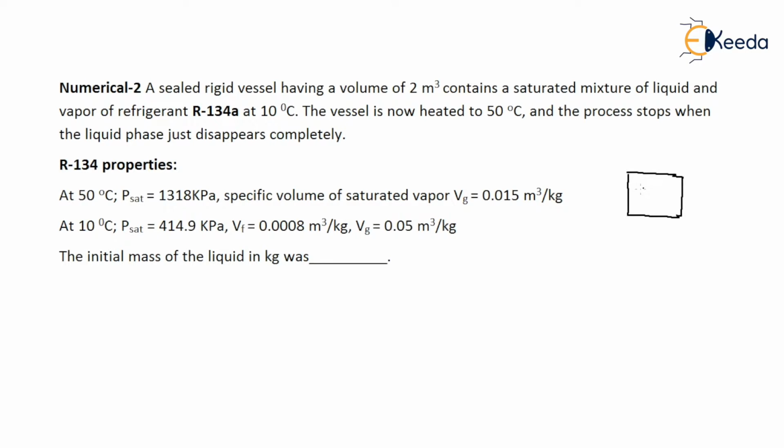Sealed means this is a closed volume, a closed system, and rigid vessel means the volume of the vessel is constant. The volume is given as 2 meter cube.